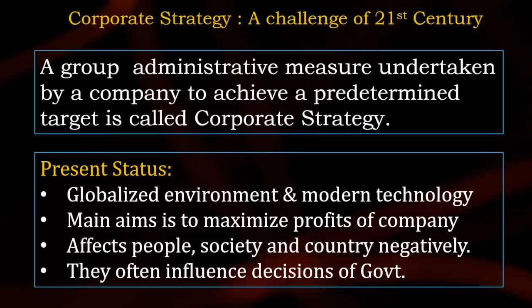And they are such a strong influential force that very often these companies also influence decisions of the government. So this is the present condition or status of corporate strategy.